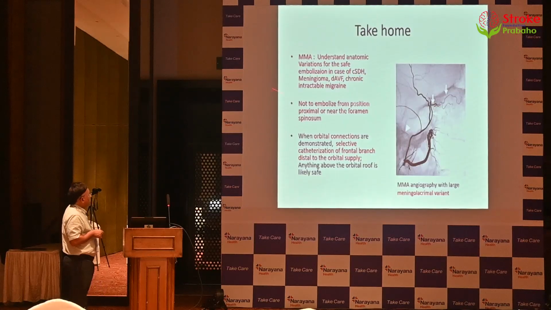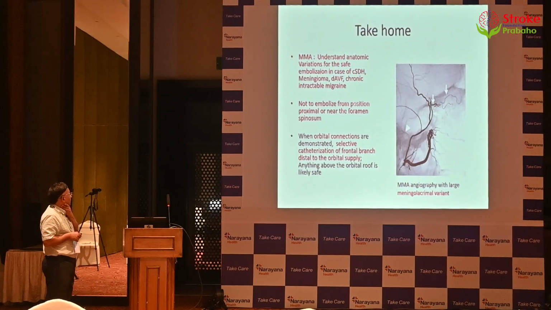So the take home is the middle meningeal artery. It is important to understand the anatomical variation for safe embolization in cases of chronic SDH, meningioma, and dural arteriovenous fistula. Another indication for middle meningeal embolization is chronic migraine or chronic intractable headaches.